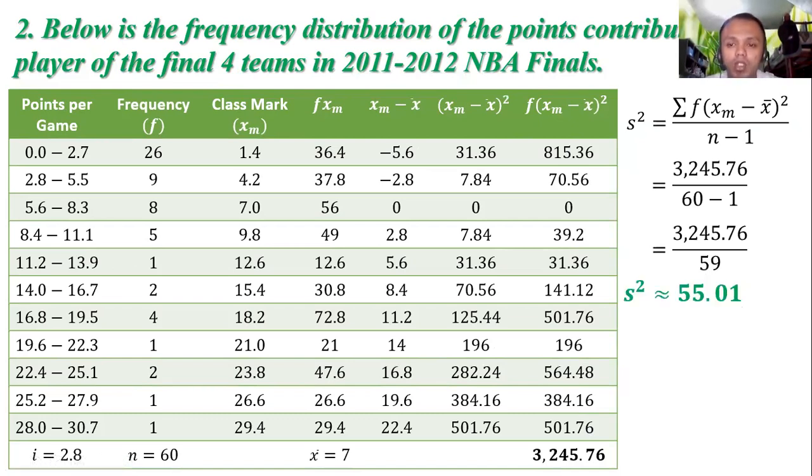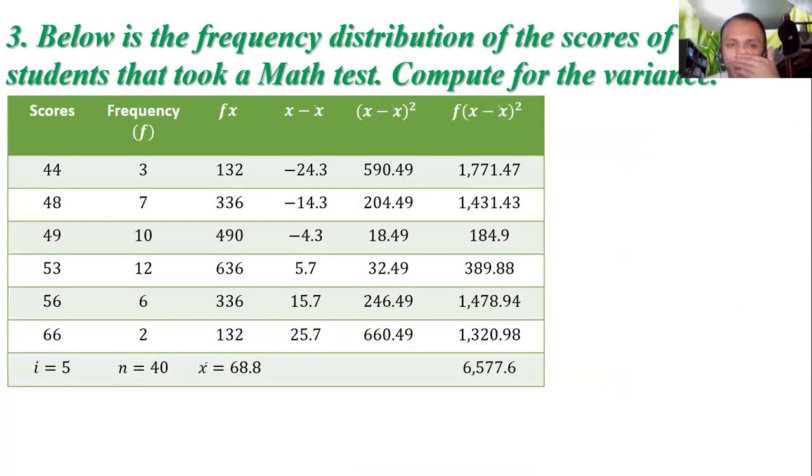Okay? Next, number 3. Below is the frequency distribution of the scores of student that took a math test. Compute for the variance here. Now again, no, I already computed for the fx, or the product of the frequency and scores, the deviation, the square deviation, and the product of frequency and deviation together with the summation.